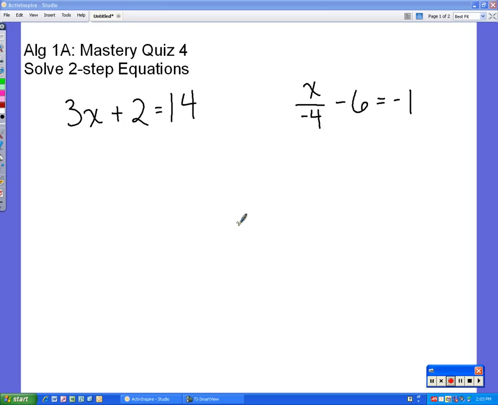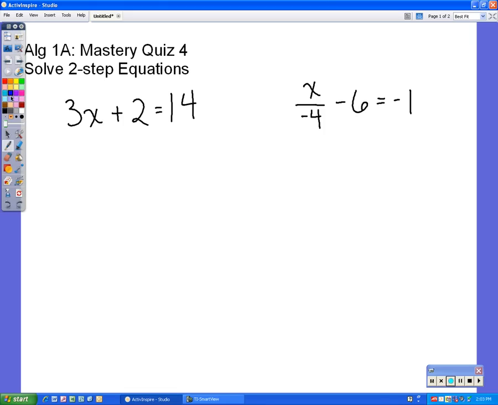So, two-step equations. Remember, with two-step equations, you are identifying x, and then you are trying to get it by itself. When you do this, we are still using PEMDAS, but this time we are going backwards.